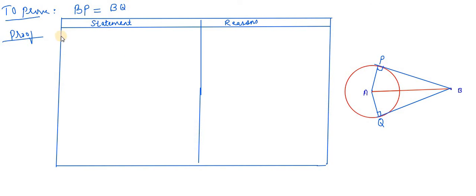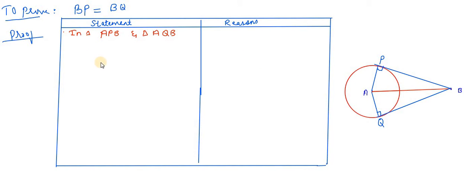So the first statement you write like this: in triangle APB and triangle AQB, what we need to do? We need to prove these two triangles are congruent. If two triangles are congruent, then their corresponding sides are equal. Then we can tell that BP is equal to BQ.